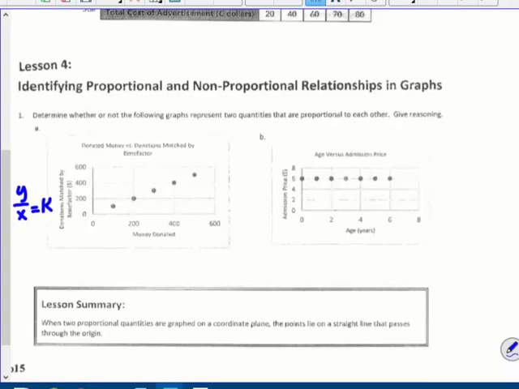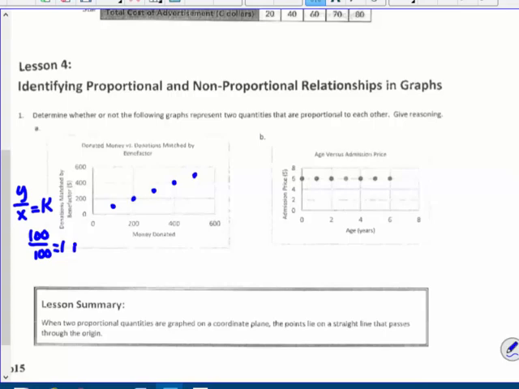So I see that the y value of the first one looks like it's about 100. So 100 divided by 100, this point right here, is equal to 1. Then the point 200 divided by 200, that's 1. 300 divided by 300, that's 1. 400 divided by 400, that's 1. 500 divided by 500, that's 1.